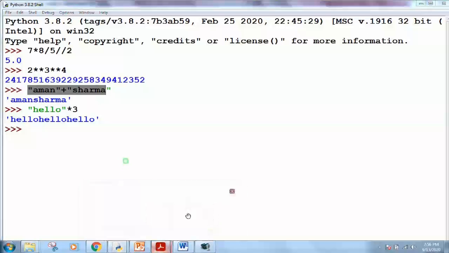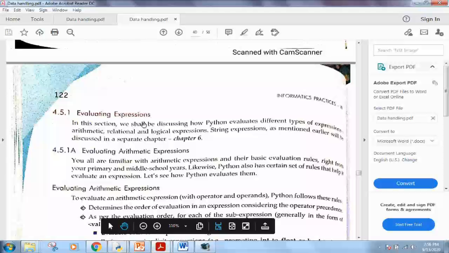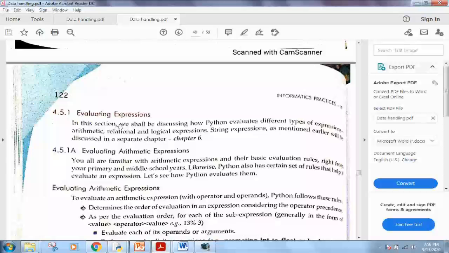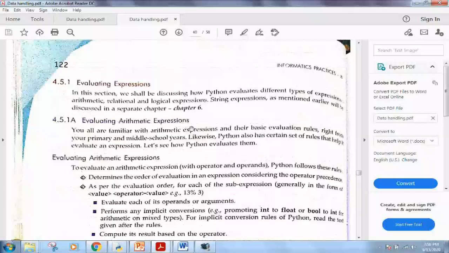Now the next and very important topic is how to evaluate the expressions: how to find the answers of arithmetic expressions, how to evaluate relational expressions, and how to evaluate logical expressions in Python, as in your syllabus.